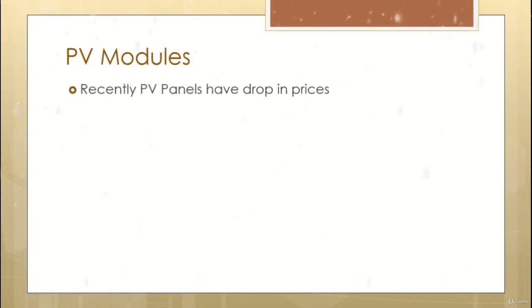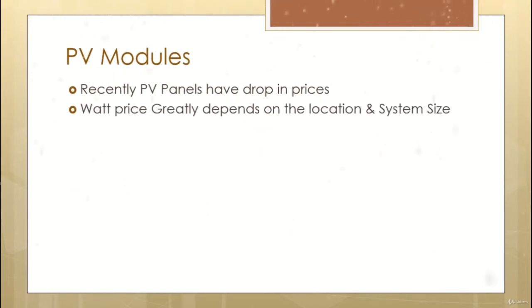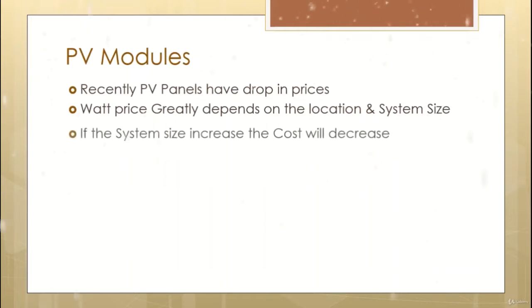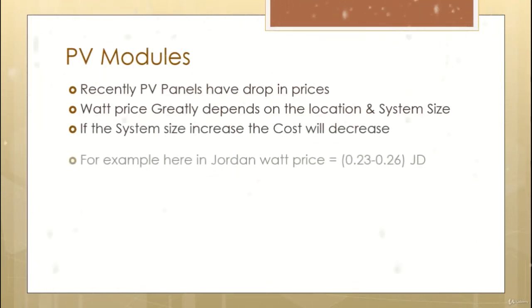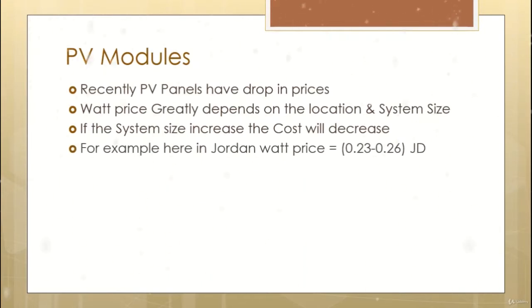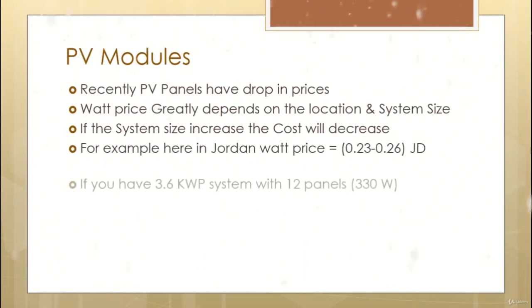Let's see the component cost. PV modules: actually, PV modules have dropped in price recently, and we price the PV module according to the watt price, which greatly depends on the location and system size. Once the system size goes up, the cost will decrease. For example, here in Jordan, the watt price equals 0.23 to 0.26 JD.